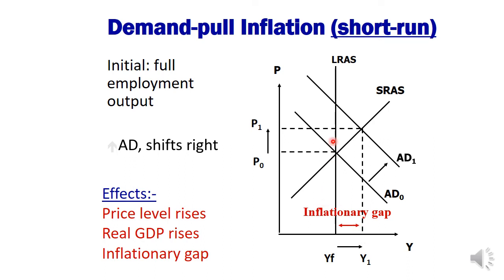Originally, we started off at full employment output, and then there was an increase in AD, which from the article is caused by a rise in consumption. So AD shifts to the right, and we now have a new equilibrium. At the new equilibrium, we can tell that prices have gone up and real GDP has gone up. At this point, this is your temporary point, and this is the short run situation of a demand pull inflation.